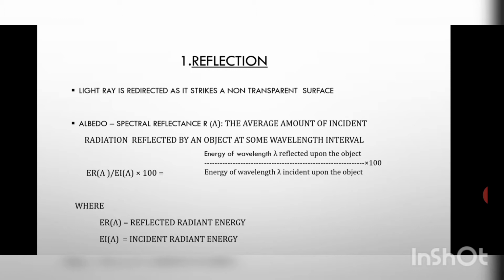That is, the energy of wavelength lambda reflected from the surface divided by the energy of wavelength lambda incident upon the surface, times 100. Just pointing out that reflection, like any of the processes mentioned earlier, does not change the wavelength of the radiation which is incident.